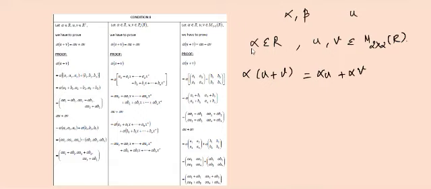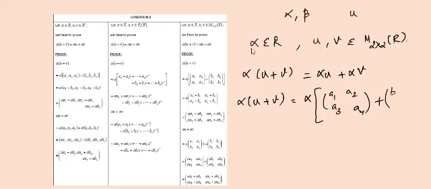Now, I am just finding out alpha into (U plus V). So what is U in case of M2x2(R)? It is a 2 by 2 matrix. U means it is the A series, V is the B series.